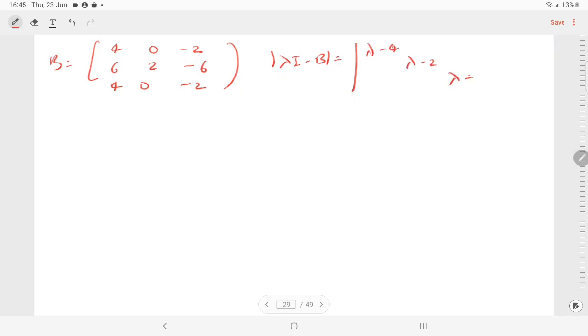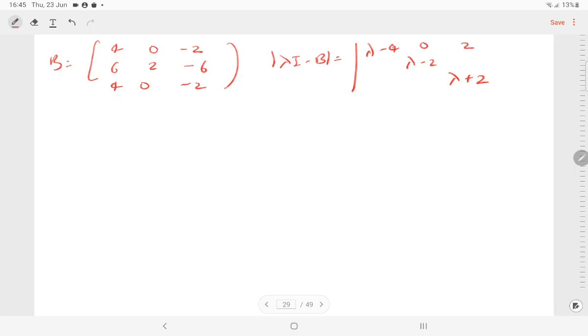Now let's try another matrix. Let me write it down. It is [4, 0, minus 2; 6, 2, minus 6; 4, 0, minus 2]. This is matrix B. I have to find its eigenvalues and eigenspace. So the determinant of lambda I minus B becomes lambda minus 4, 0, 2; minus 6, lambda minus 2, 6; minus 4, 0, lambda plus 2.